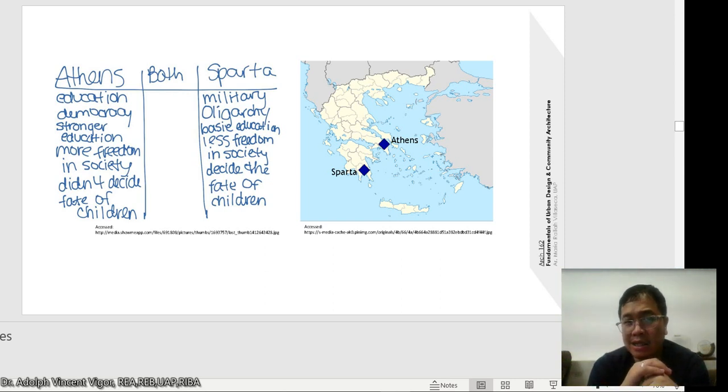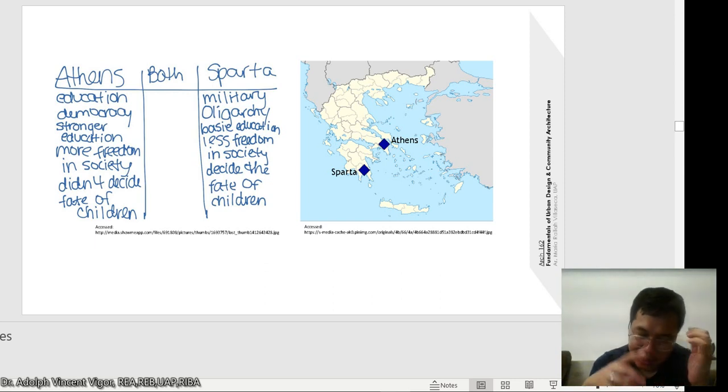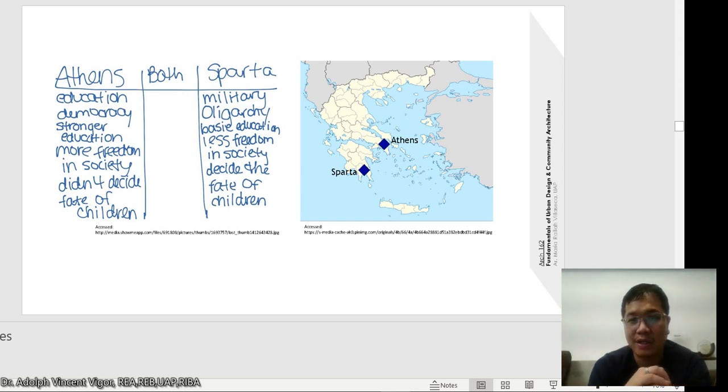While Sparta, it has the military, it's an oligarchy, so there's less freedom in society. Then society decides the fate of its children, mainly because I think all children in Sparta become warriors. So there was a point in time in the history of Greece that Athens and Sparta rivaled each other.